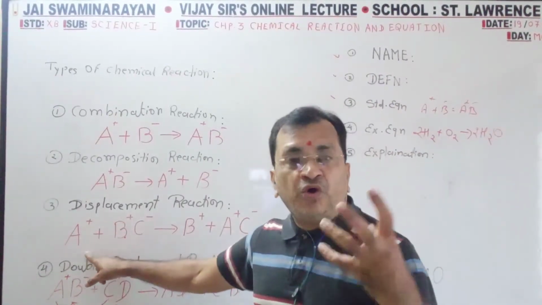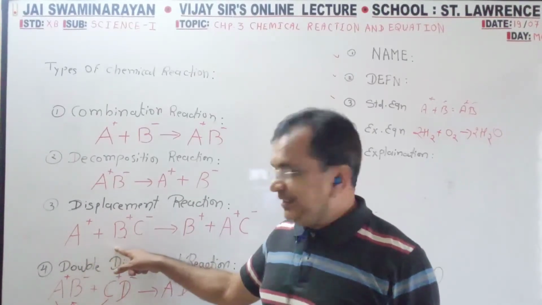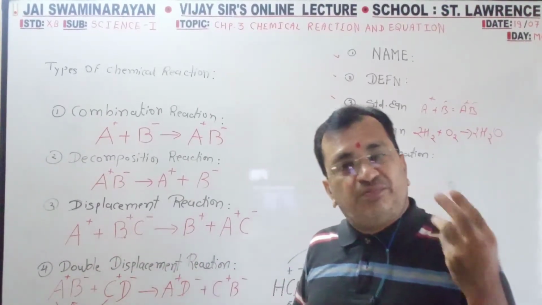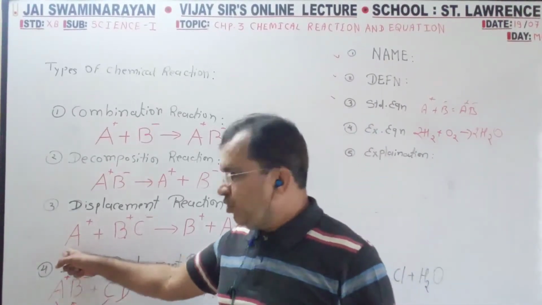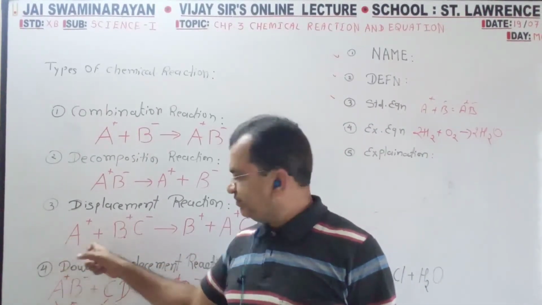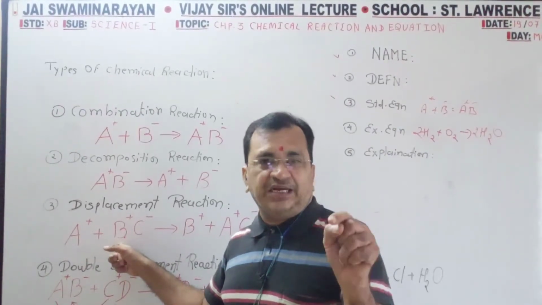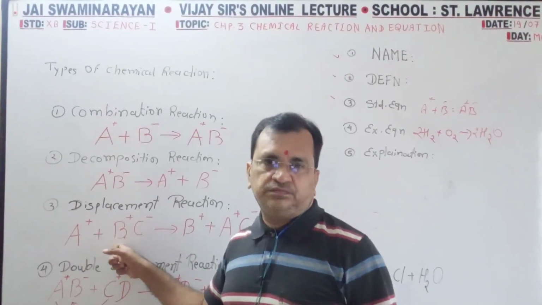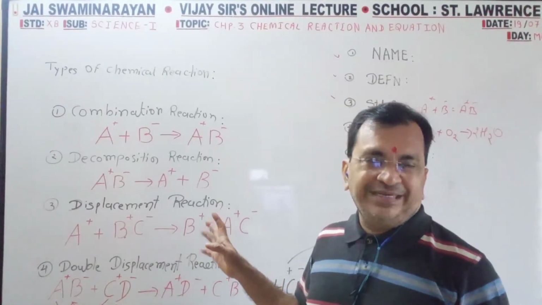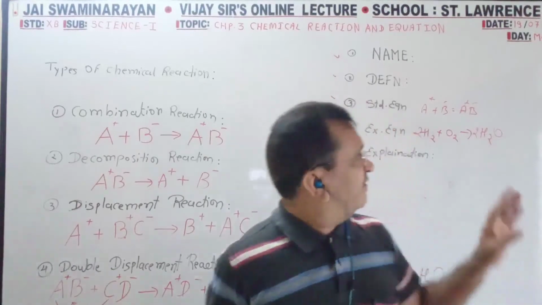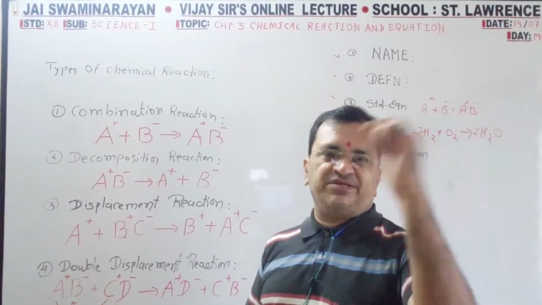When a more active metal replaces a less active metal from the compound. From where? From the compound. That is a displacement. Then standard equation: A plus BC is equal to AC plus B.